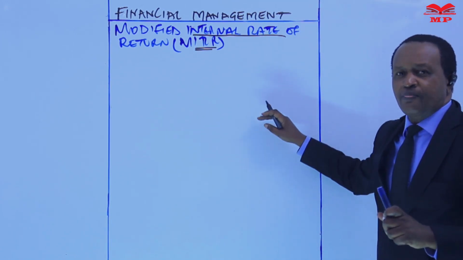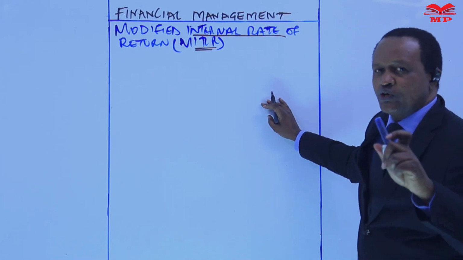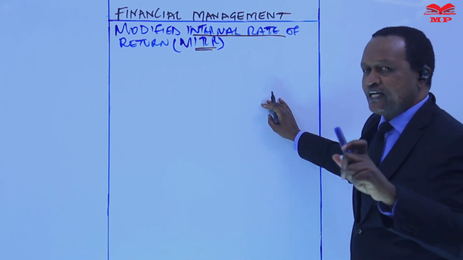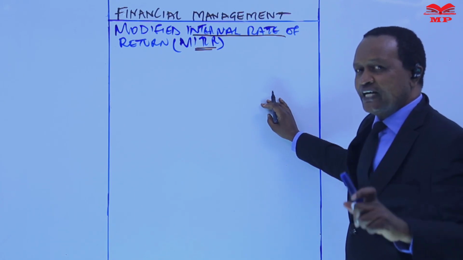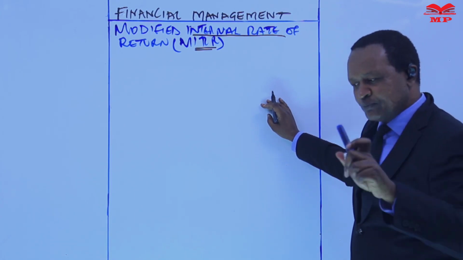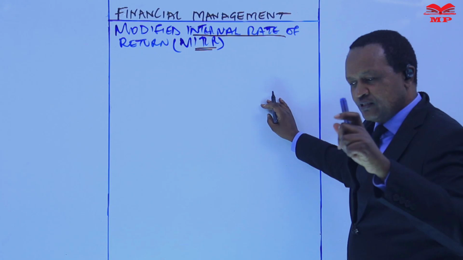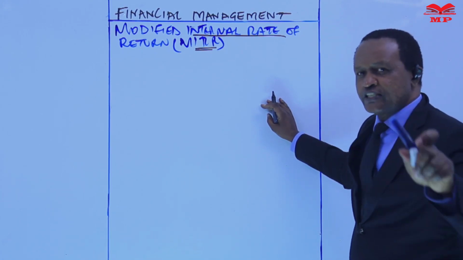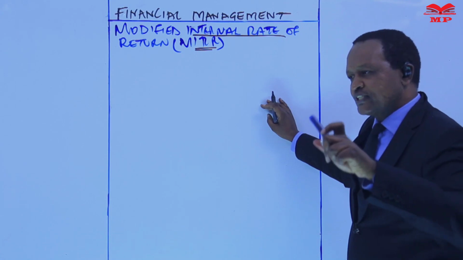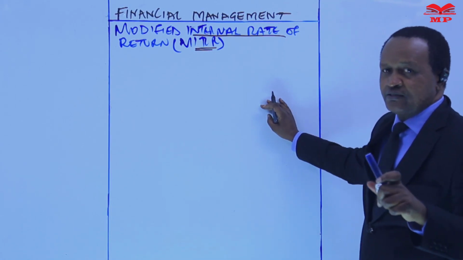You understand? And the limitation in IRR is the assumption that reinvested cash flows earn the same rate of return as the project's IRR.